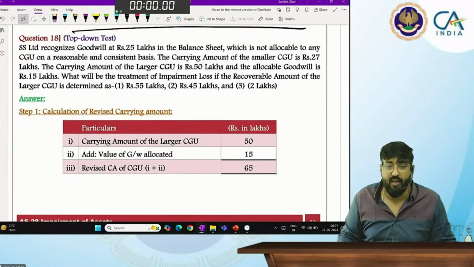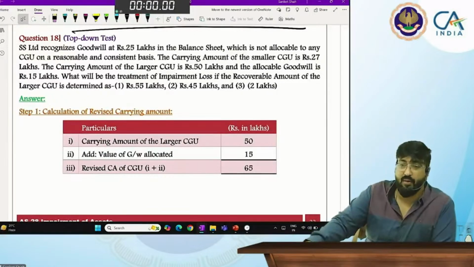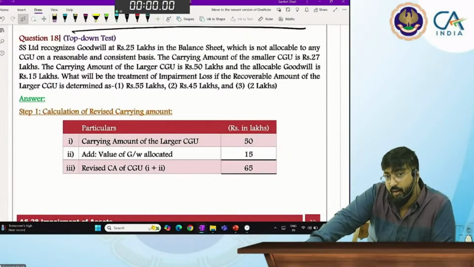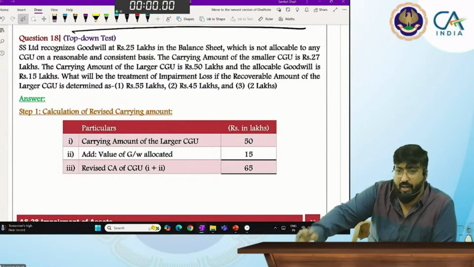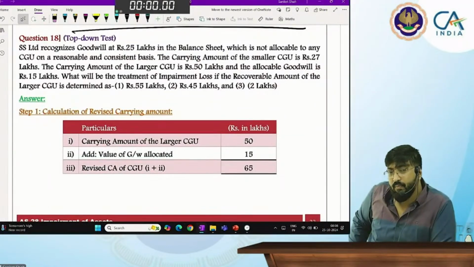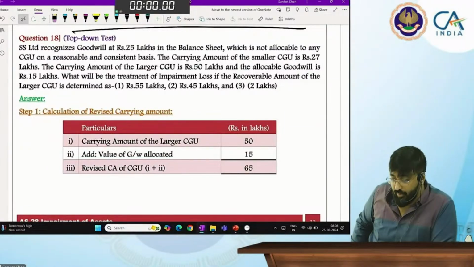Yes, does anyone have difficulty with impairment? Because see, this is a very technical session actually. Today's session is a very high-level session because I made it very simple by doing some steps. But if you read it from any bare text or study material, it is really very difficult.